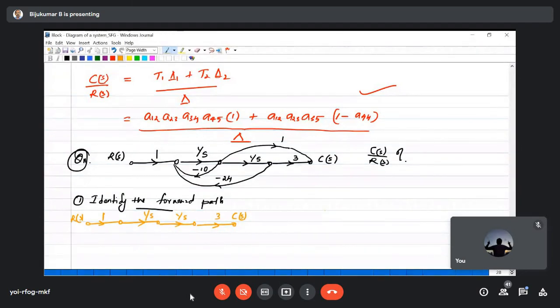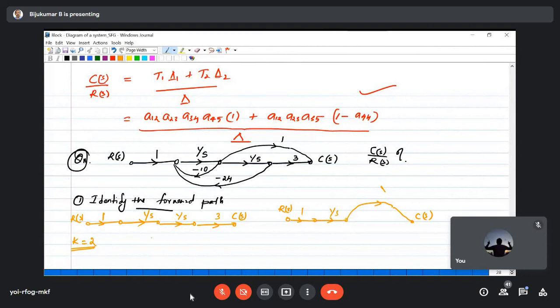And again, one more forward path is there, like this. Again, we will start at the input node R of S, gain 1, and 1 by S. Likewise also, I can reach the output, gain 1. So, K equal to 2.